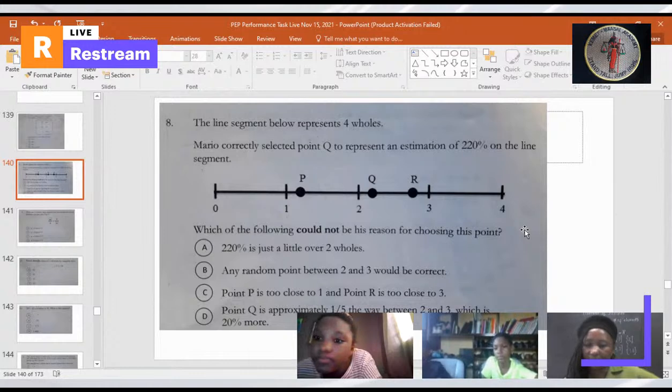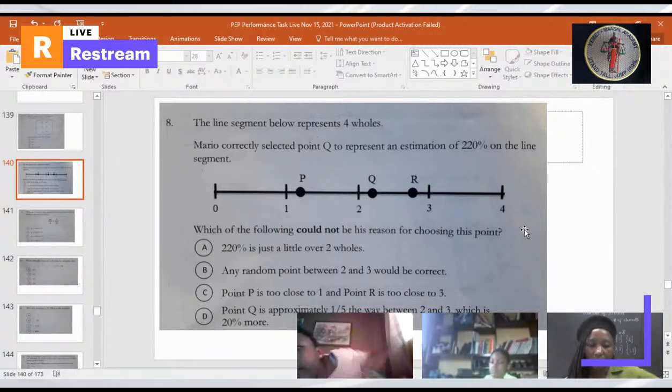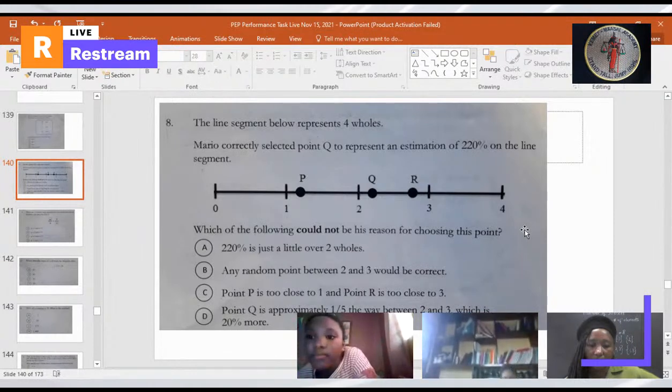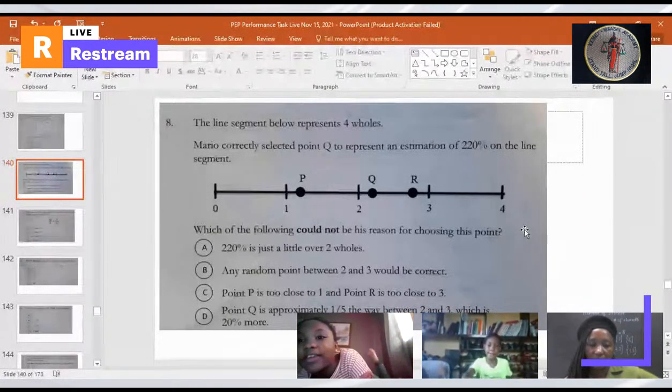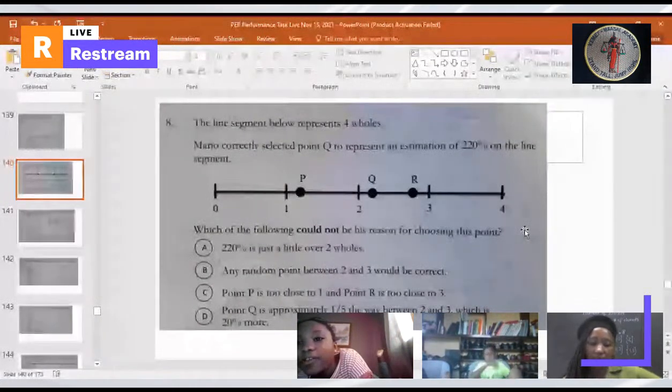Go again, Alyssa. The line segment below represents 4 wholes. Mario correctly selected point Q to represent an estimation of 220% on the line segment. Which of the following could not be his reason for choosing this point? A. 220% is just a little over 2 wholes.